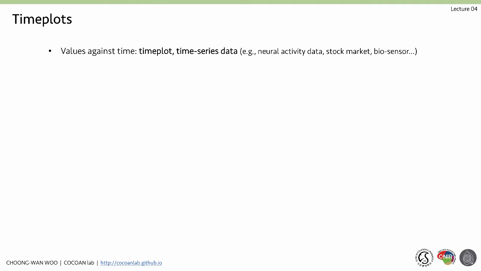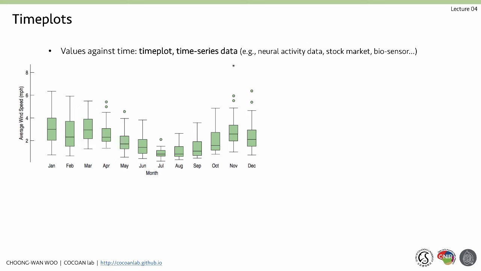And we started with the time plot actually, and I want to explain more about time plots. And we really want to compare these different distributions for different time points. So what is the time plot? The time plot has the values against time. It's time series data. There are so many different time series data, and it's really common.